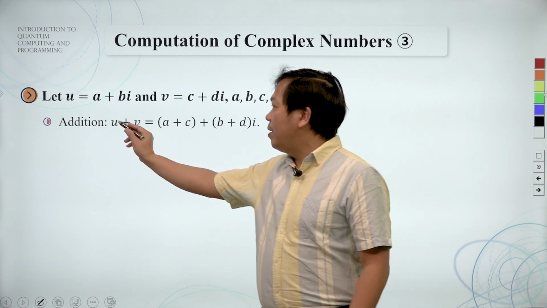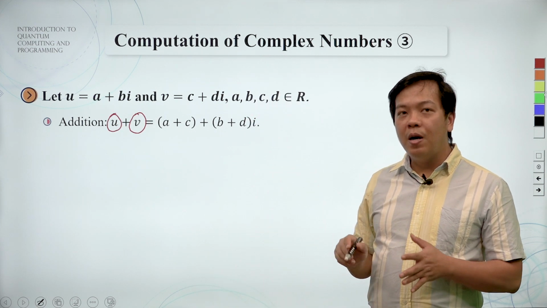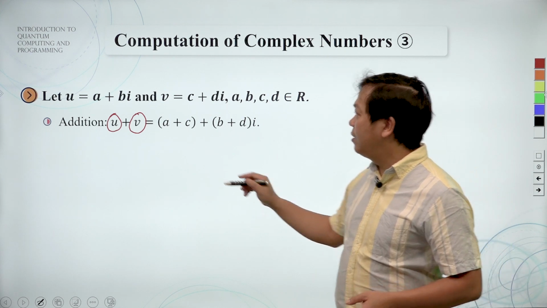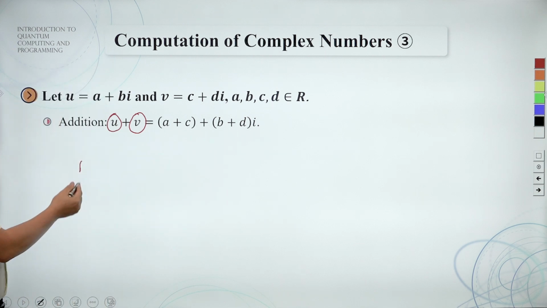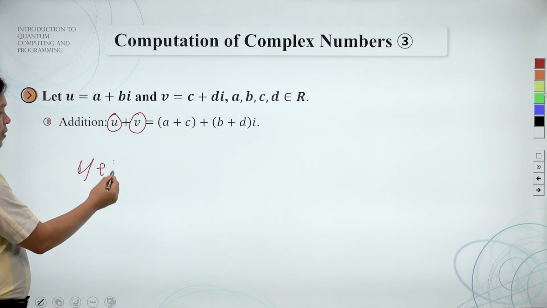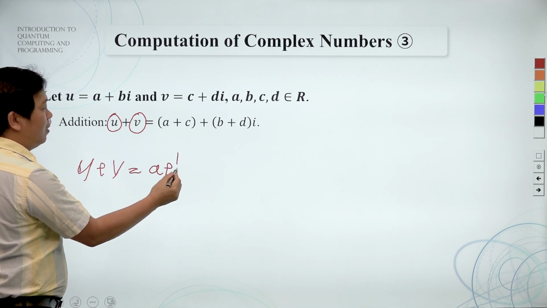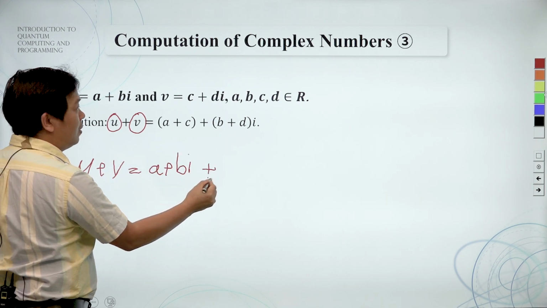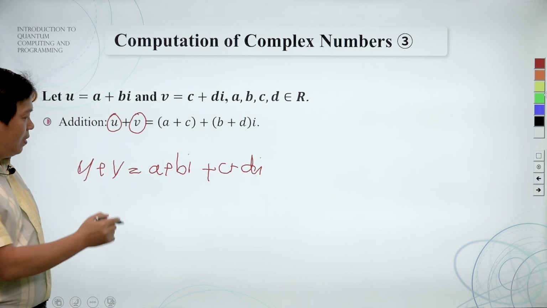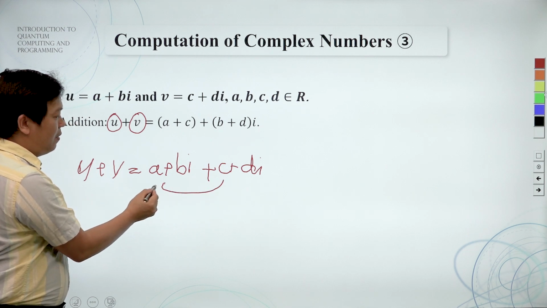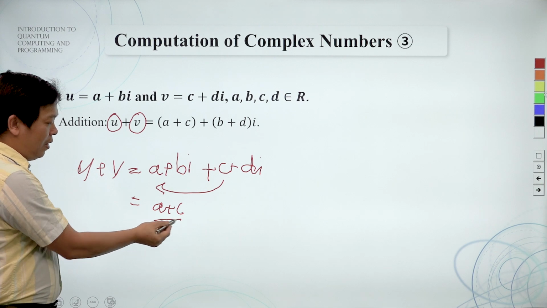Now, we add the two vectors. So u plus v, what about the sum? It's actually very simple. Over here we have u plus v, so you can group the values: a plus c, because these are real numbers we can add them together, and b i plus d i.